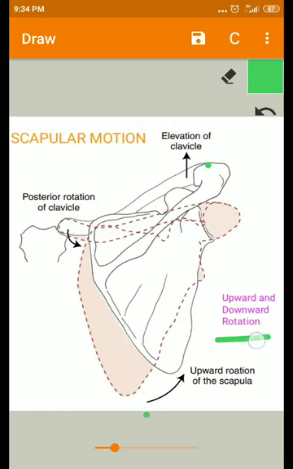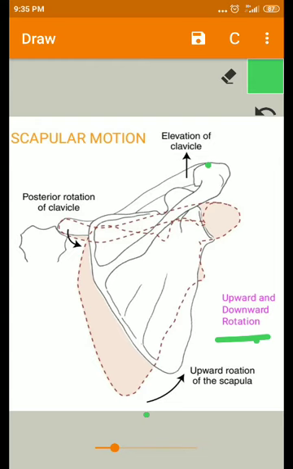So therefore, this upward and downward rotation of the scapular motion is regarded or considered as the primary scapular motion, and the remaining two motions, that is internal as well as external rotation and anterior and posterior tilting, those two movements are normally difficult to observe, so they are considered as secondary scapular motions.